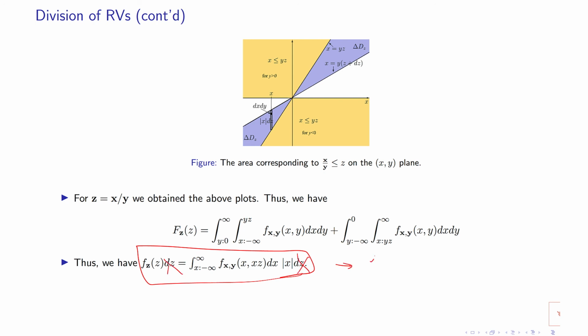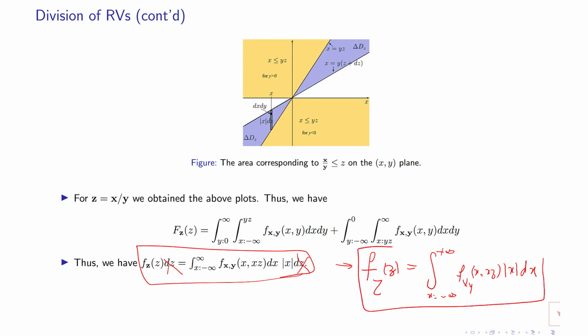So the PDF for the division of any two arbitrary distributions is one single integral, x varying from minus infinity to plus infinity, of f_XY(x, xz) times the absolute value of x, dx. So this is the integral you may use. Obviously, you could change the dummy variable from x to y.